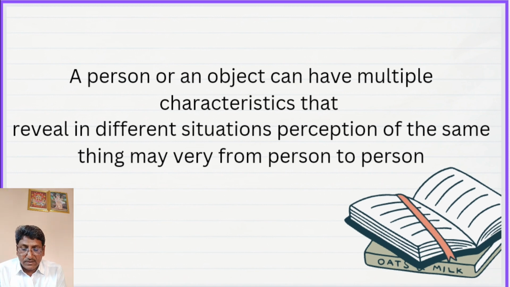So perception, that means the grasp of the same thing, may vary from person to person. This is the answer of activity number 5.